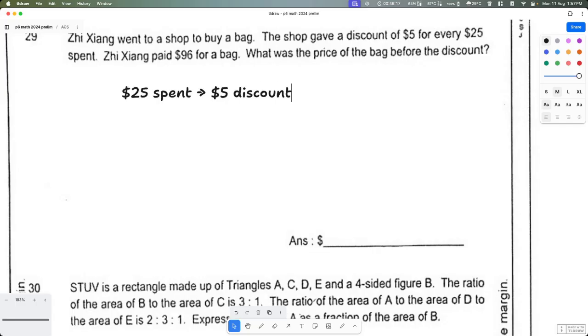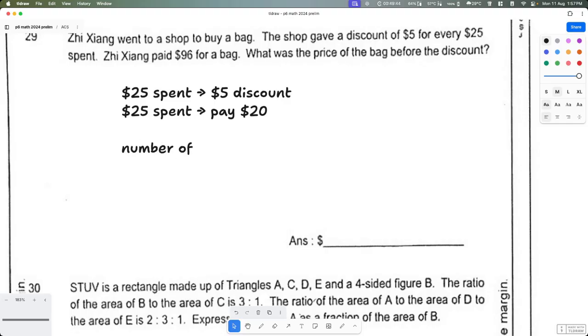So that means for every $25 spent, I pay 25 minus 5, which is $20. So if I spend 25, I pay $20.